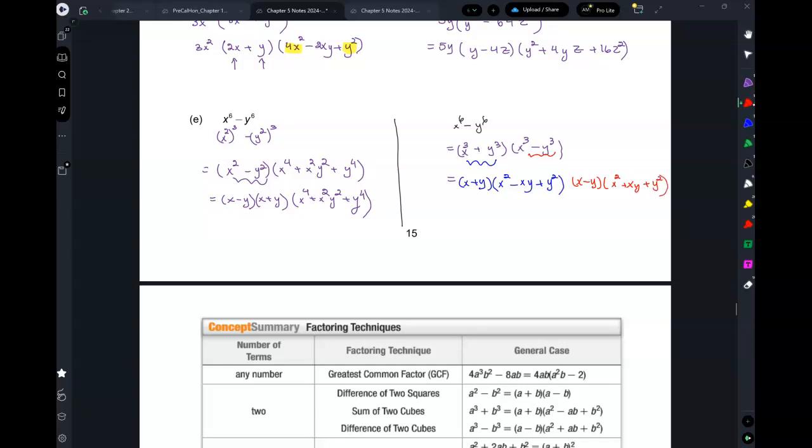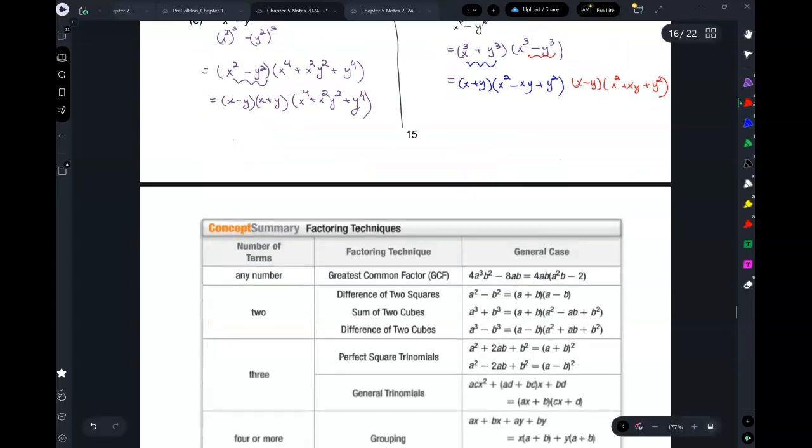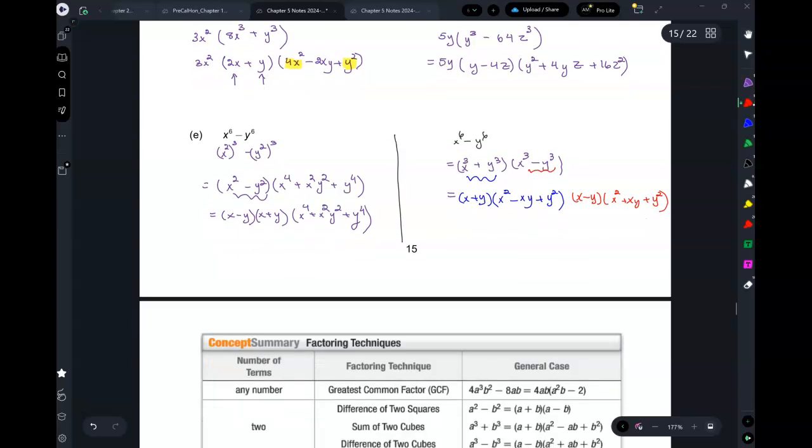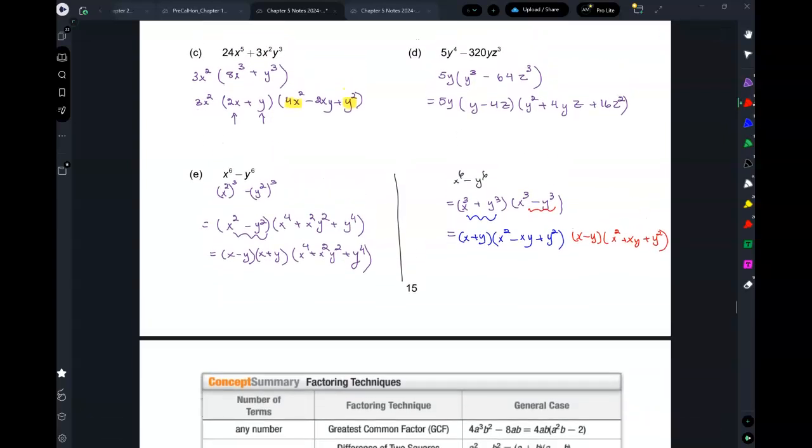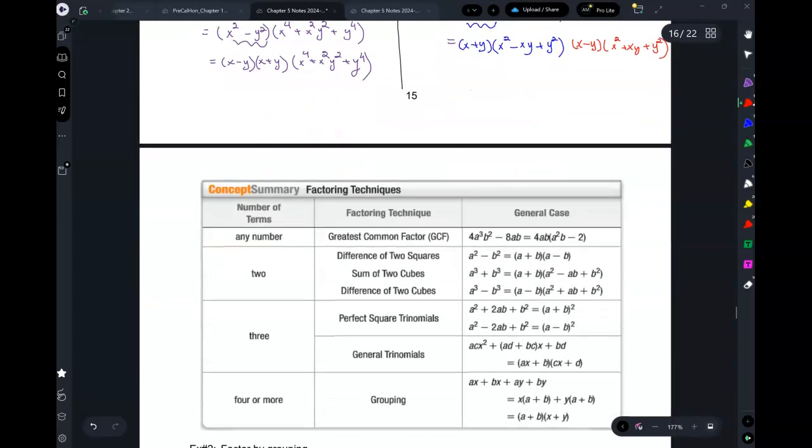Right? So two different ways. And they both come down to factoring by sum and difference of cubes. They're both okay. If you multiply these out, they'll both turn out to be the same. Okay?